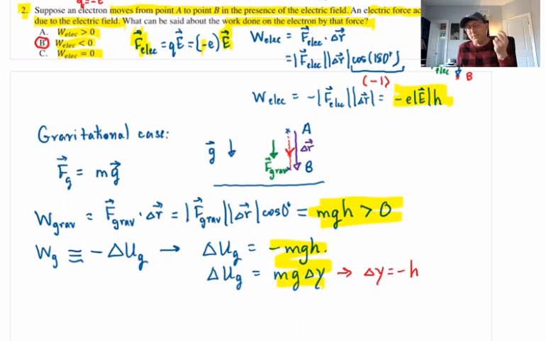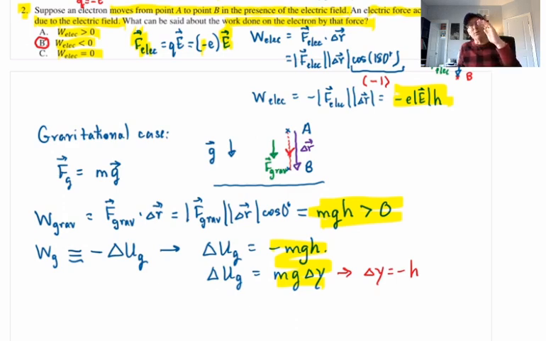Notice then, because gravitational force was conservative, we could have a gravitational potential energy. When the particle moves from A to B, we can talk about the change in the gravitational potential energy. All right, now think back to the electrostatic case. We have a uniform electrostatic field giving us a uniform electrostatic force. I'm just telling you that the electrostatic force is conservative.